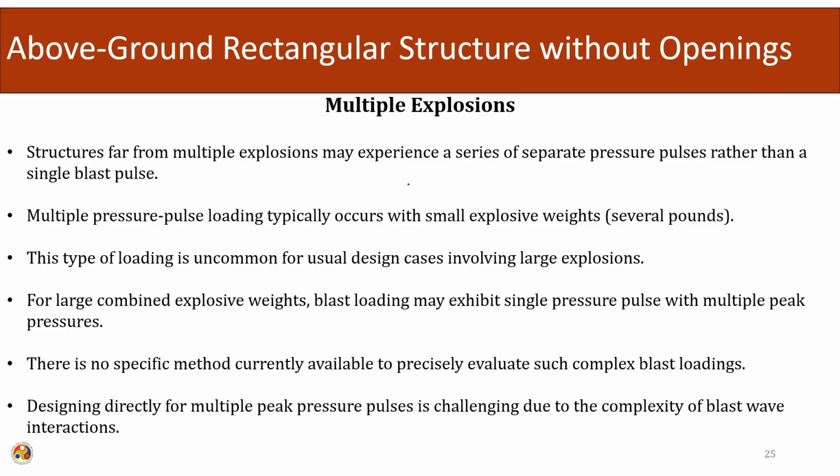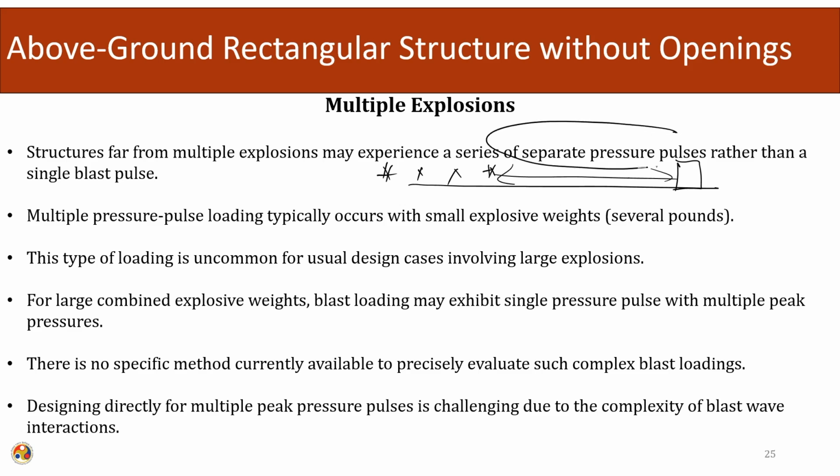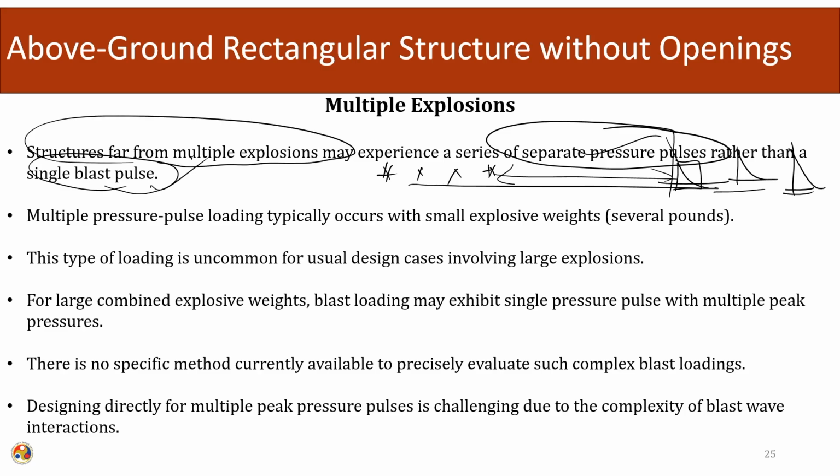So, if my structure is located sufficiently away from the multiple explosions, if this distance is significant enough, what it might see is a series of separate pulses rather than a single blast pulse. It will see that one has hit, after some time the other one hits, and after some time the third one hits. Instead of a combined blast pulse, it will see a series of separate blast pulses if the structure is far away from the multiple explosion site.